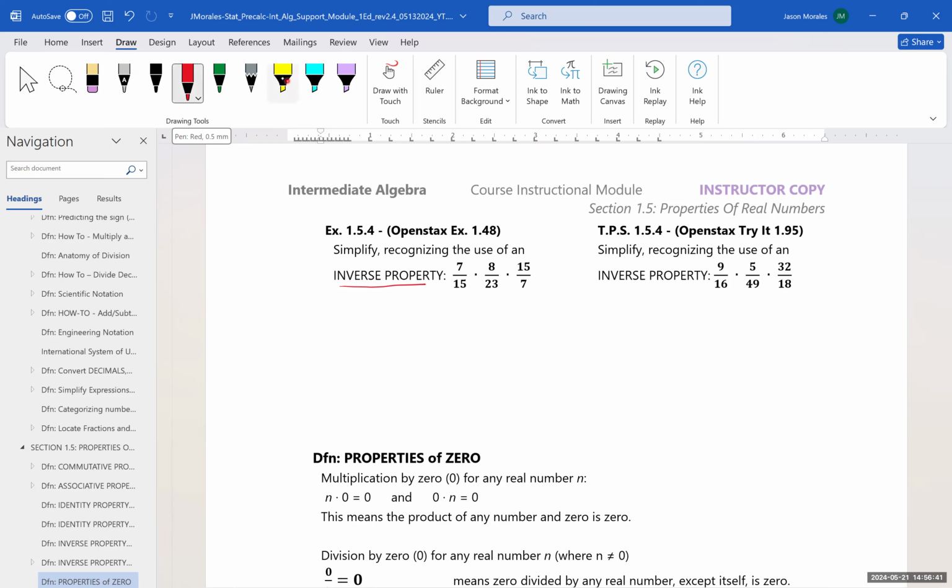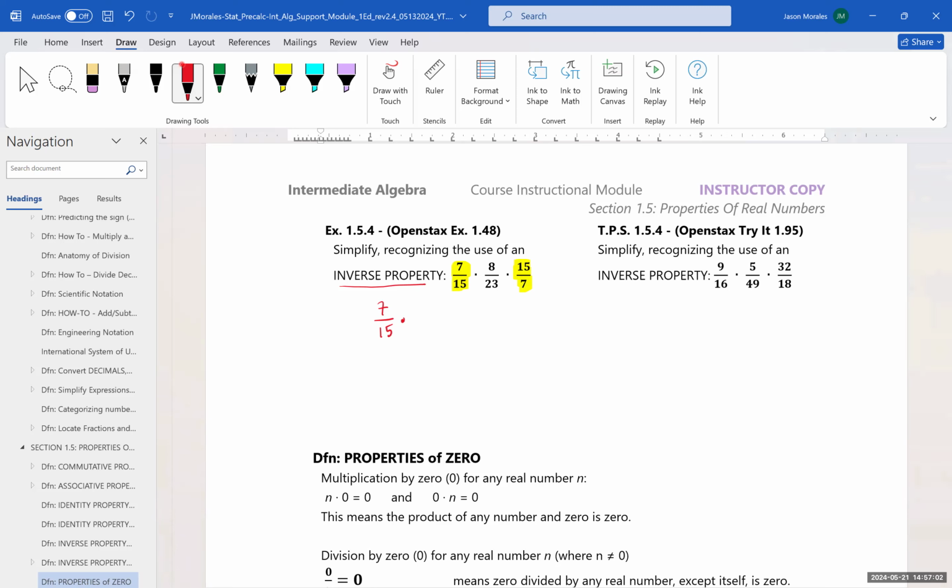And what I'm looking for is to recognize that 7/15 and 15/7 are reciprocals of each other. So what we want to do is, just for the sake of clarity, we're going to put those together because multiplication is also commutative.